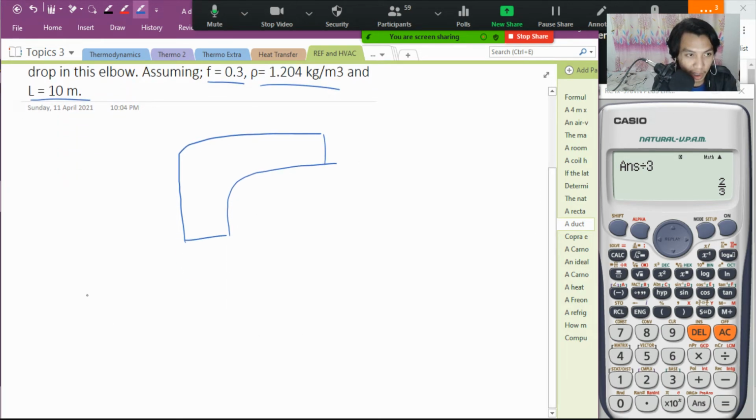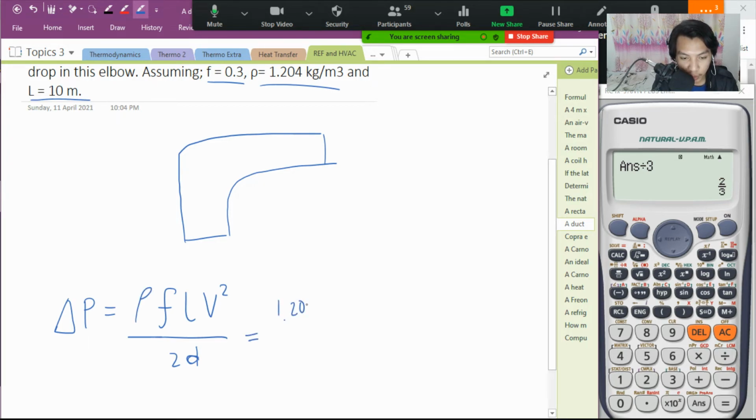So, yung pressure drop in Pascal. Ayan na, pressure drop. O, F L V squared over 2D. Ano nakalimutan natin, sir? O, di, yung density. O, di basic. 1.204 kilogram per meter cube.